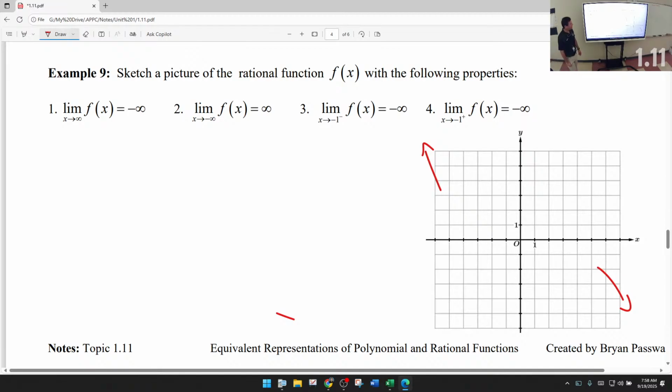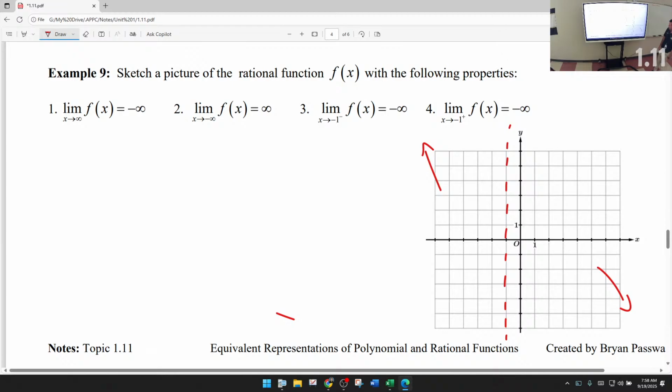As I'm approaching -1 from the negative side, I'm going to negative infinity. So that has to tell me there has to be a vertical asymptote at -1, because that's the only way I can go to infinities. So at -1, I have an asymptote, okay? And at -1 on the negative side.